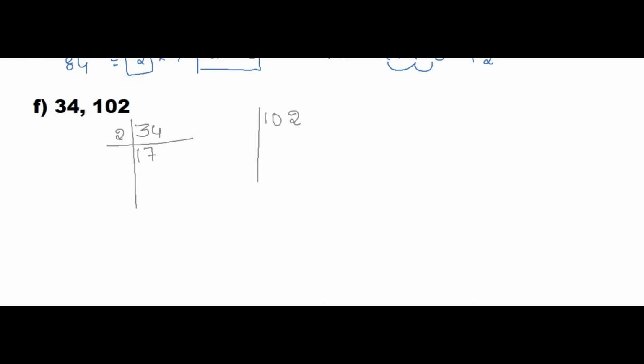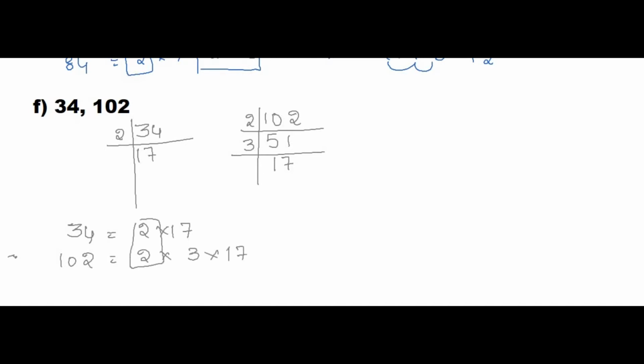Now for 102, 2 5s are 10, 2 1s are 2, 3 17s are 51, and 17 is a prime number, so we can stop finding the factors. 34 is equal to 2 into 17, whereas 102 can be written as 2 into 3 into 17. By this we can say that 2 is common and 17 is also common here. So HCF is equal to 2 into 17, nothing but 34.